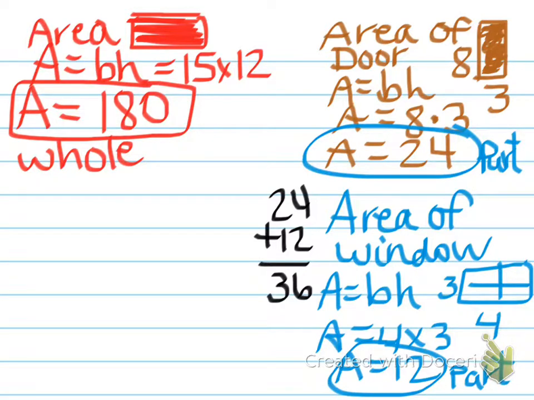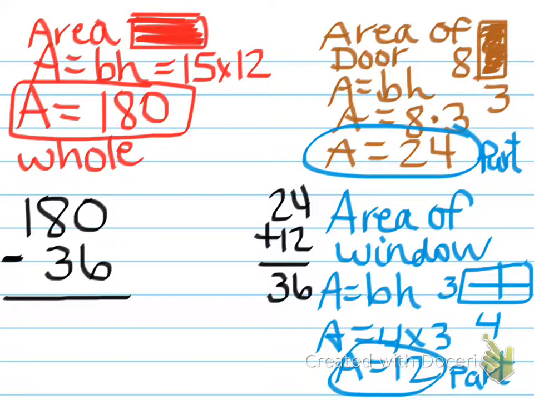So the whole entire wall, 180, minus the parts that are not painted, 180 minus 36, so you would subtract.